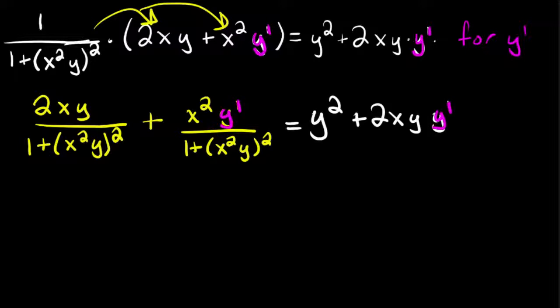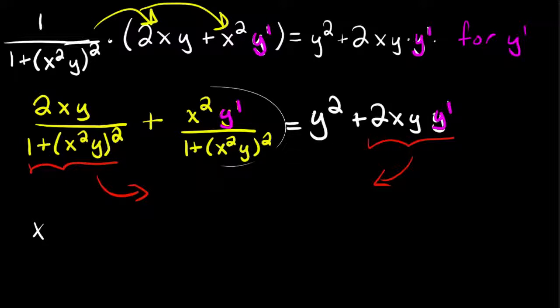So what I'm going to do is every term without a y prime, for example, this guy, I'm going to move to the right side. Every term with a y prime, I'm going to put on the left side. So if I do that, I'm going to write down this guy first. So I have x squared y prime over 1 plus x squared y squared.